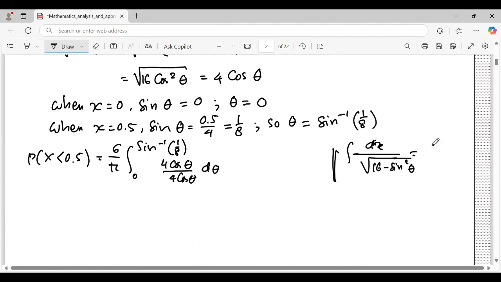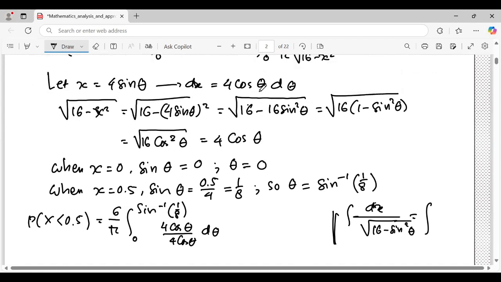It is the integral, where dx is this one, 4 cosine theta d theta, over this one, already described, 4 cosine theta. So that's why the integral becomes this.